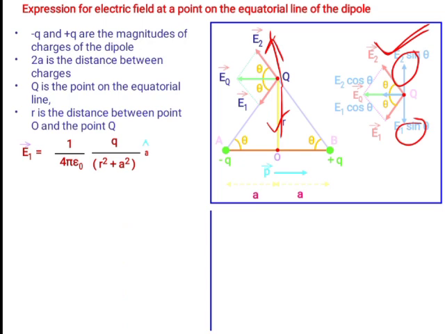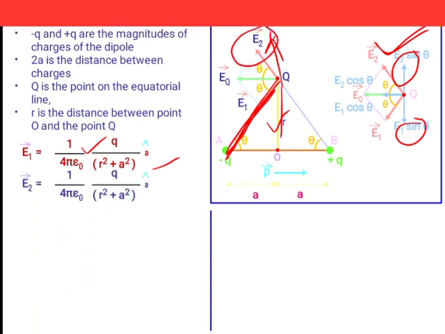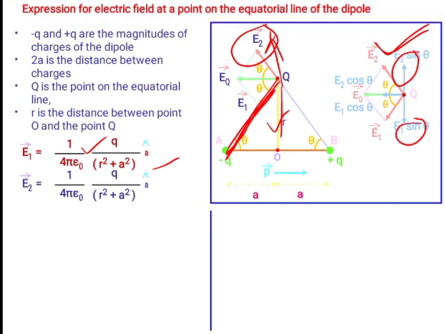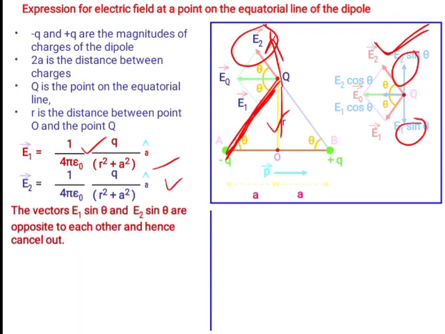But instead of r square, what do we have to consider here? We have to consider this distance AQ. AQ square is equal to r square plus a square. We already discussed this. Similarly, the electric field E2 is equal to 1 divided by 4 pi epsilon naught times Q divided by r square plus a square. Same expression. The electric fields E1 and E2 are both the same.